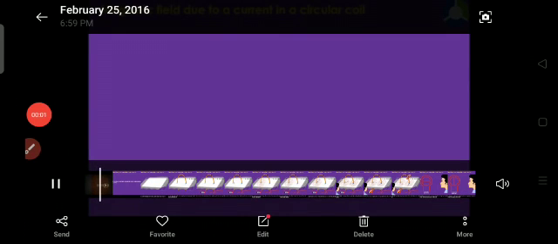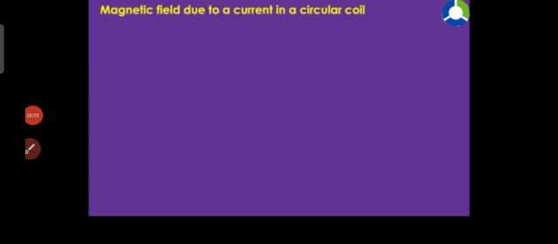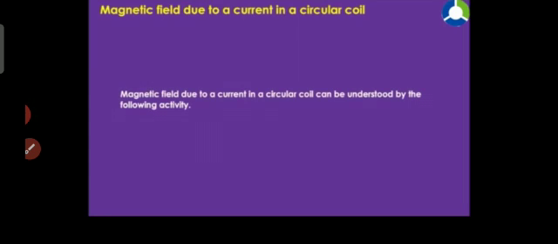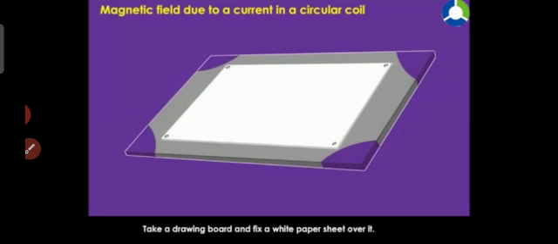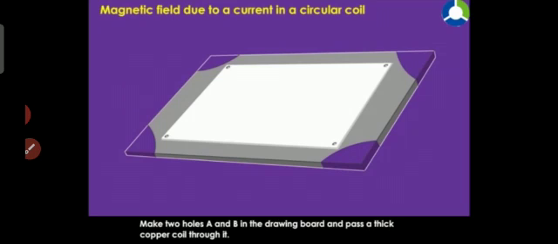Due to a current in a circular coil. The magnetic field due to a current in a circular coil can be understood by the following activity. Take a drawing board and fix a white paper sheet over it.